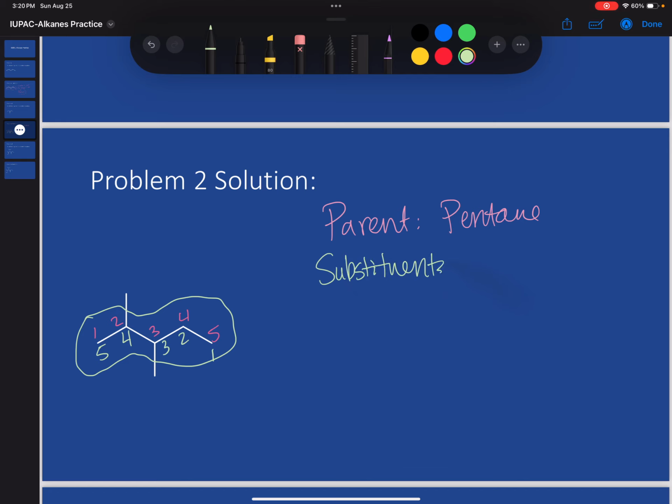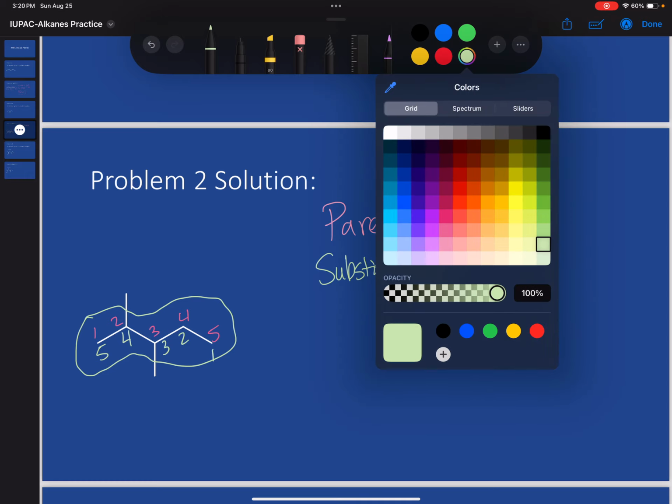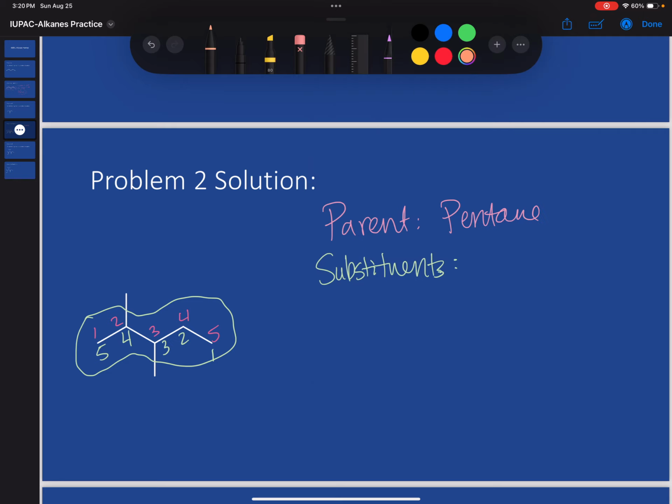I know from my IUPAC rules that my substituents should have the lowest possible numbering. If we notice that this substituent right here has 3 and 3 no matter which way I number, that one's not going to tell me which way to go. But this one does have a difference.